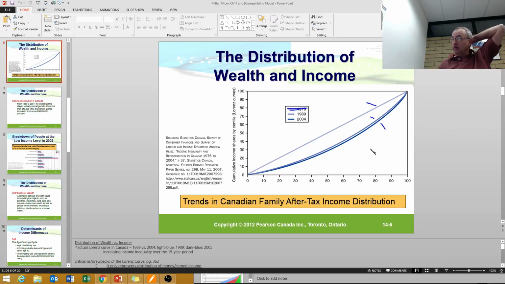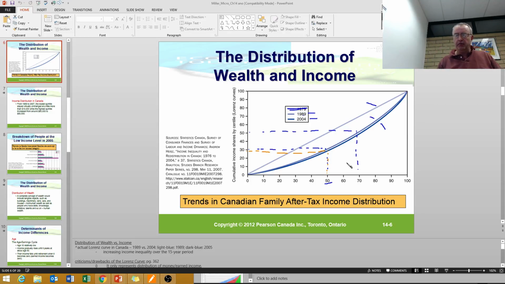So we can see that we do have unequal distribution of income in Canada, because in 1989, for example, about 50% of the households had about 30% of the annual income, and 70% of the households had about 50% of the annual income. And things got worse between 1989 and 2004, because the Lorenz curve got even more bowed. So in 2004, 50% of the population had about 28% of the income, and so on.